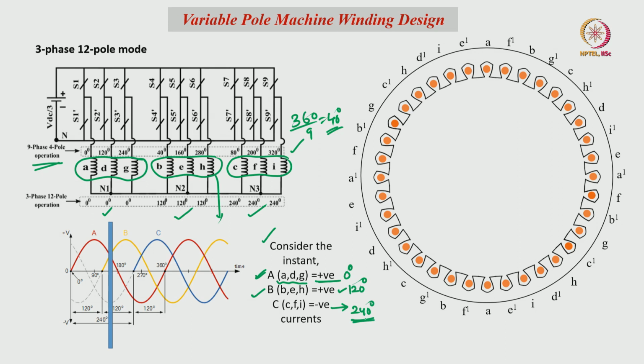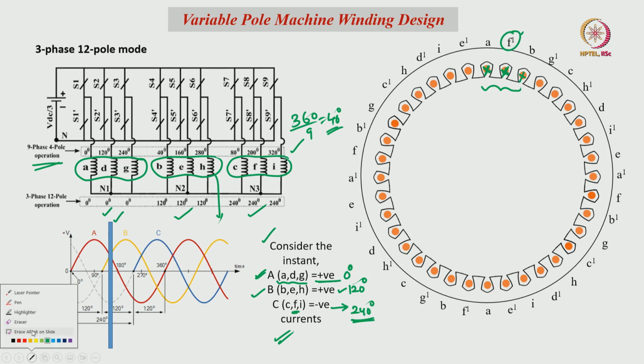With respect to that, let us consider this instant where A phase current is positive, this one, and B phase current is positive and 120 degree displaced, and F phase current is negative. F dash here means again here it will be cross. These 3 conductors are having the same current with respect to the 120 degree displacement.